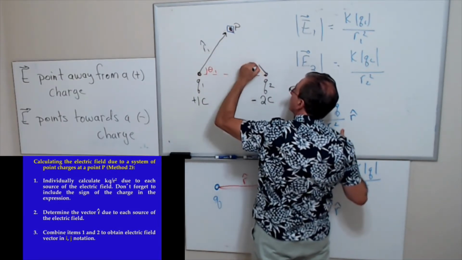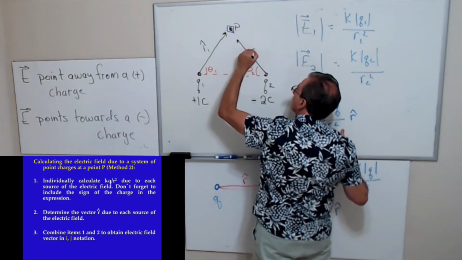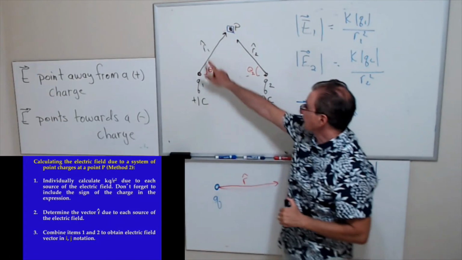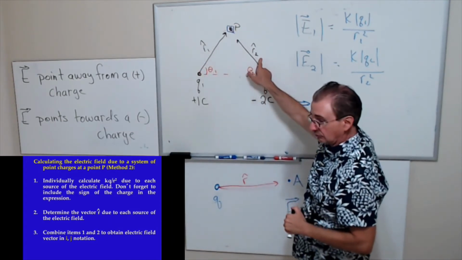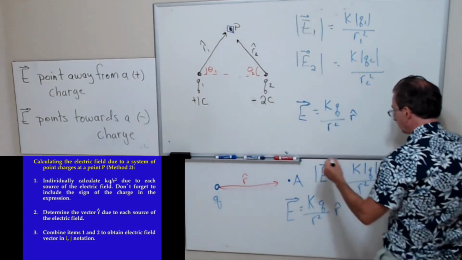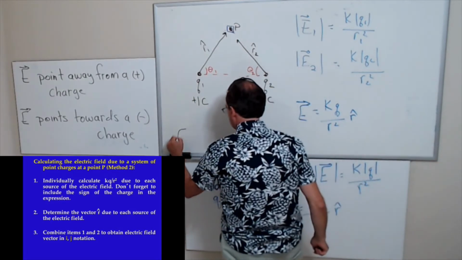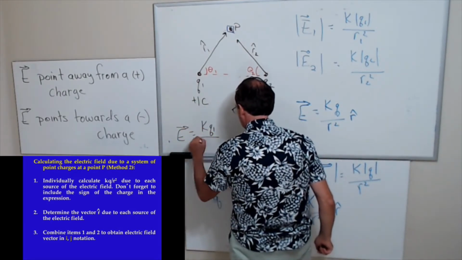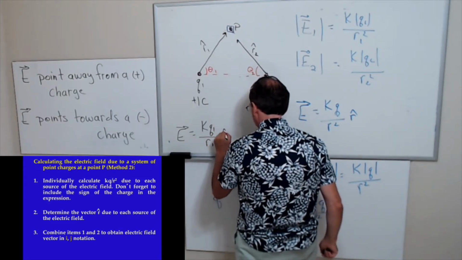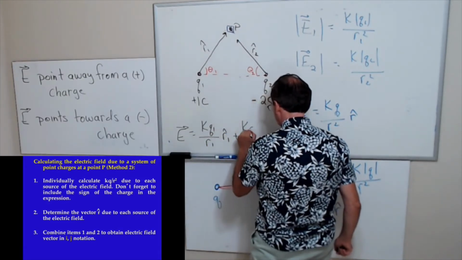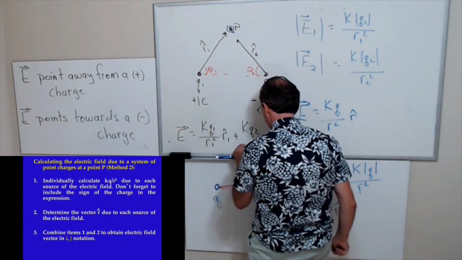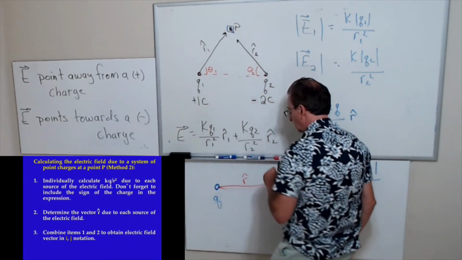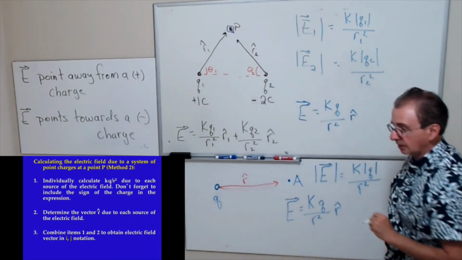And here's r hat. I have to write down what this r hat is, and I have to write down what this r hat is. And so my total field, hopefully, if you can't see that, just let me know.